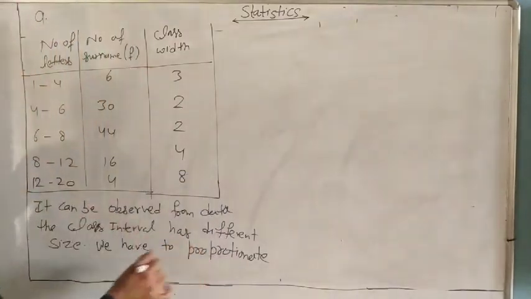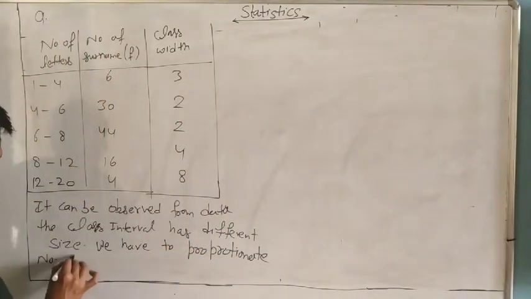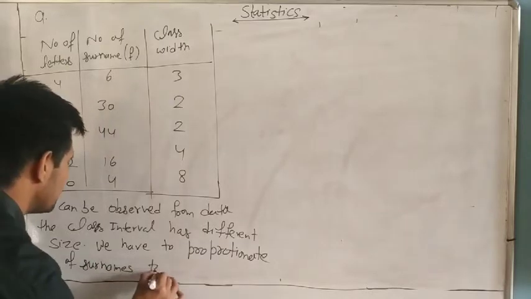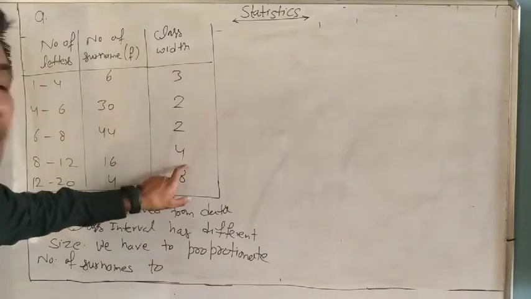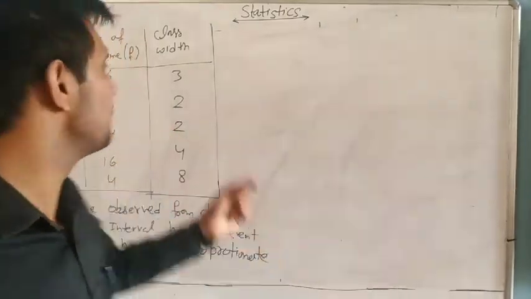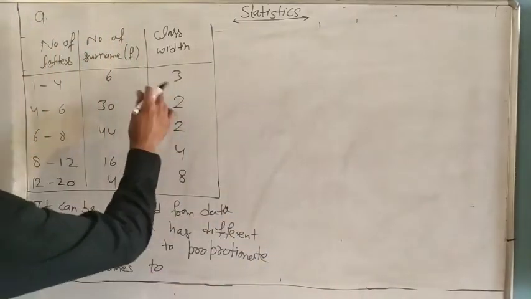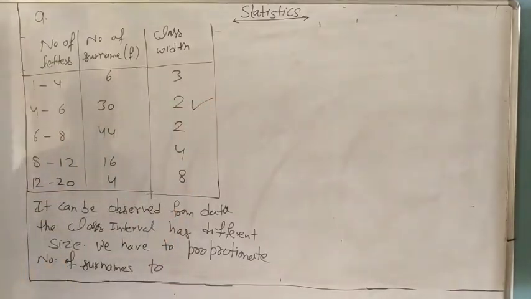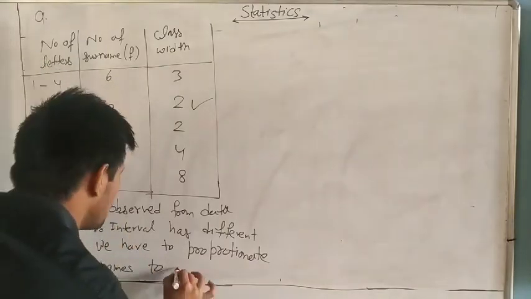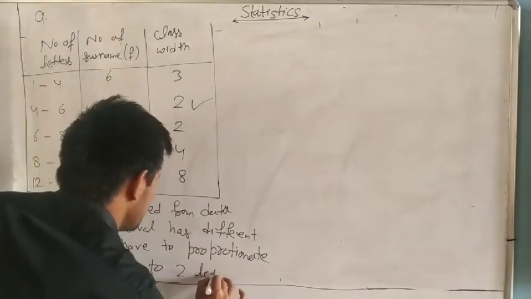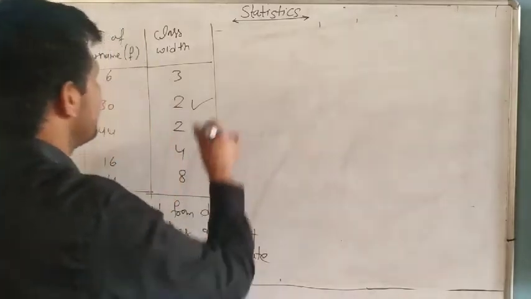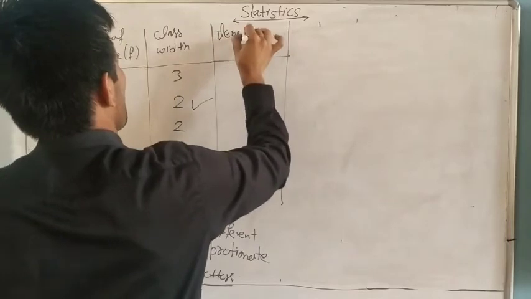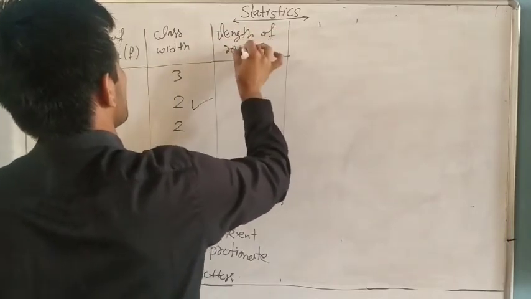Understand? So we have to make the number of surnames proportional to the minimum class size. Always we take the minimum class width, which is 2. So write here length of rectangle.